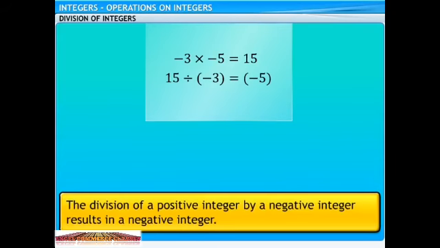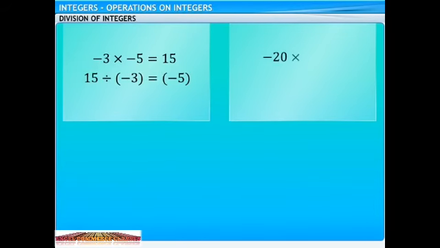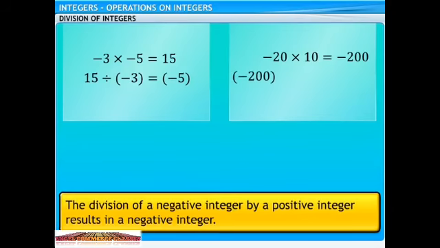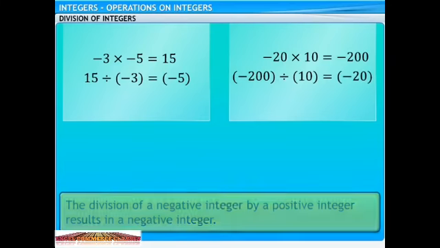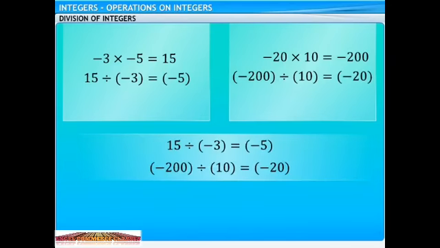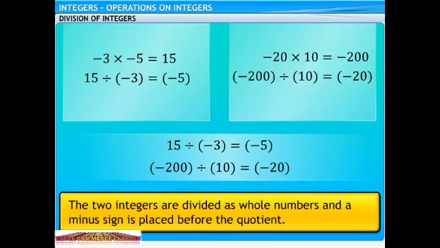So, the division of a positive integer by a negative integer results in a negative integer. Now, consider another example. Here again, the division of a negative integer by a positive integer results in a negative integer. In both these cases, the two integers are divided as whole numbers and a minus sign is placed before the quotient or the resultant.